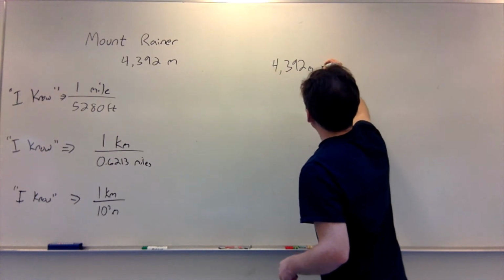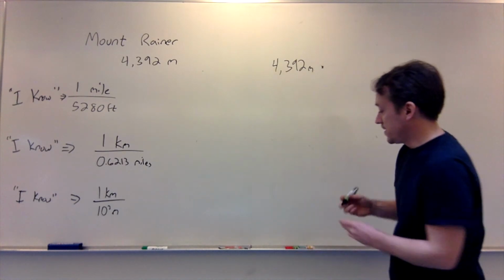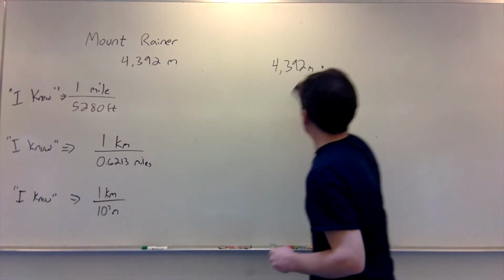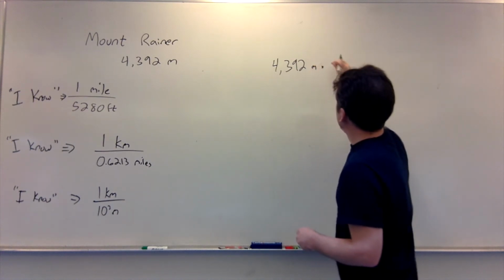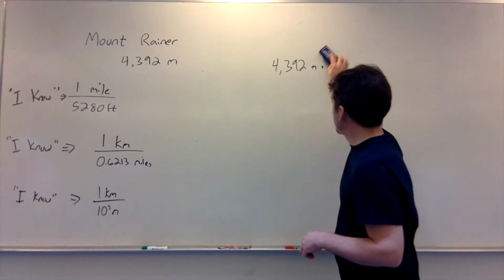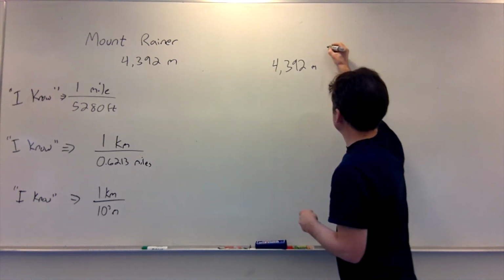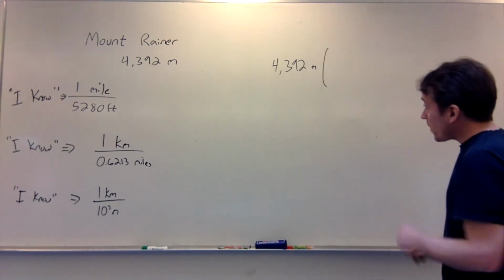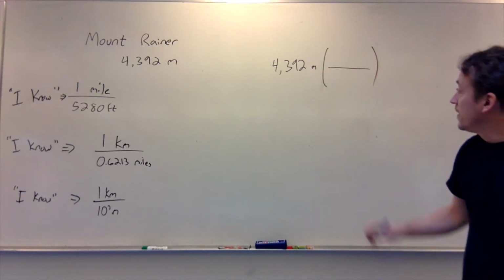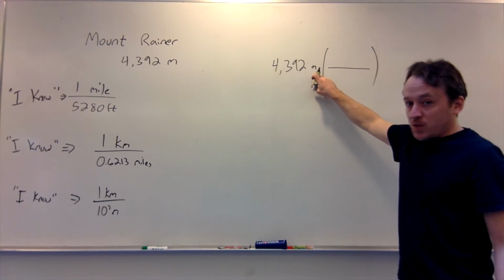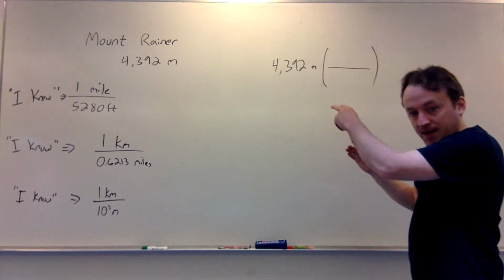All right, so the first thing I want to do is cancel the units here. Let's separate this out so that it looks more like a unit. And instead of the multiplication symbol, I like to use parentheses. So the first thing I want to do is get rid of meters. This is kind of like algebra where you have an x over an x and the x's cancel.